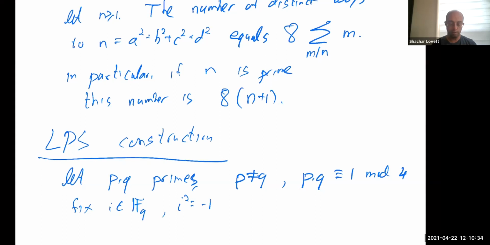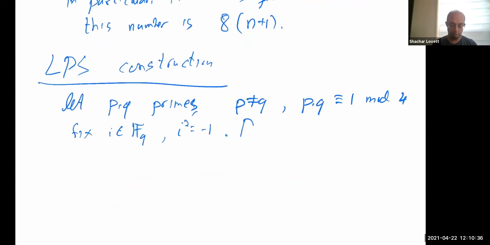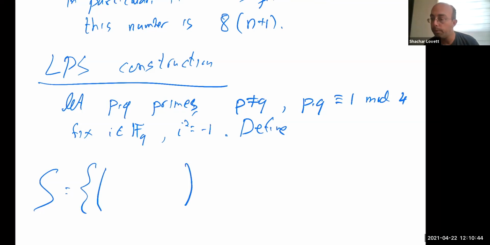And we define the following set. S is going to be a set of 2 by 2 matrices of the following form: a0 plus i a1, a2 plus i a3, minus a2 plus i a3, and a0 minus i a1.